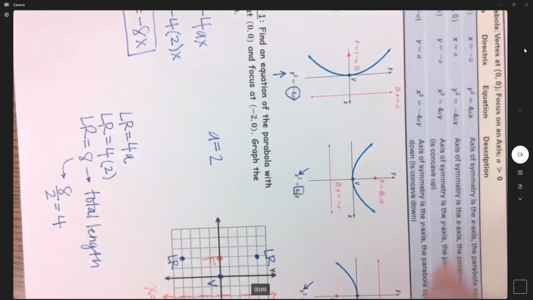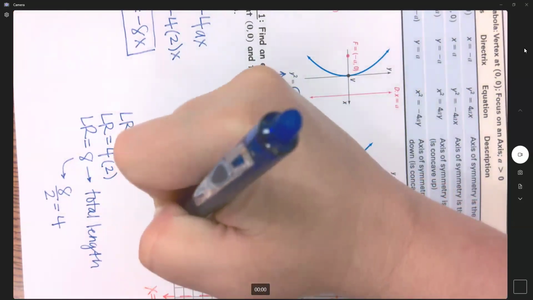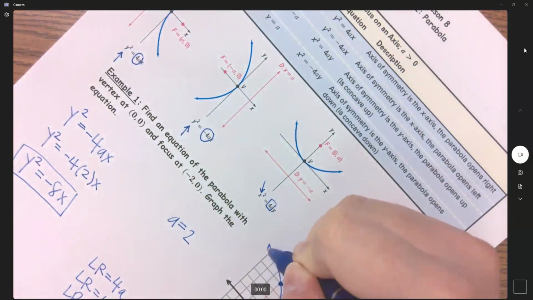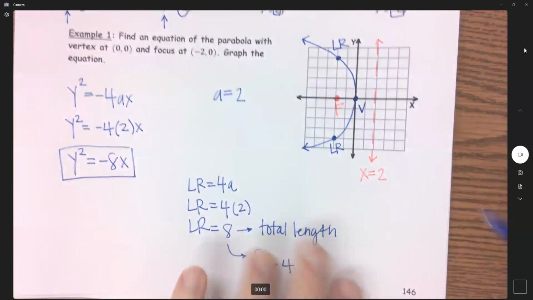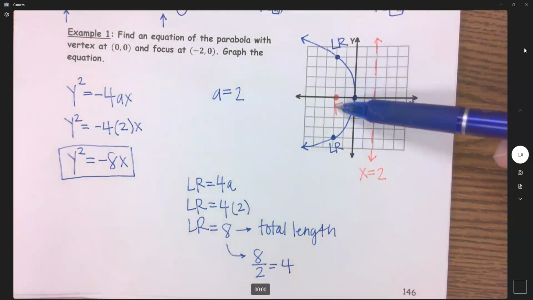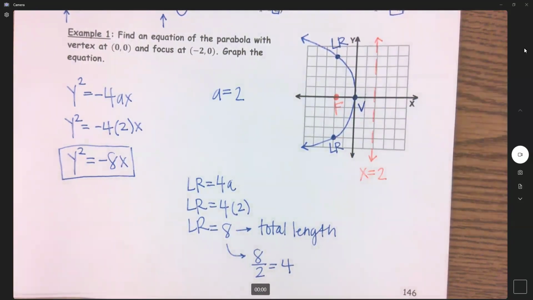So now my parabola goes from my vertex through those LR points. That LR will tell me how wide this is going to be. So now that chord that goes through that focus is 1, 2, 3, 4, 5, 6, 7, 8 units total in length.